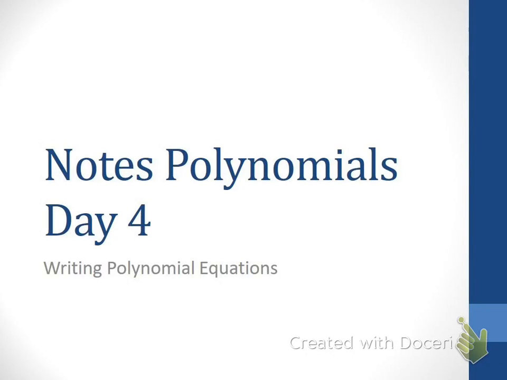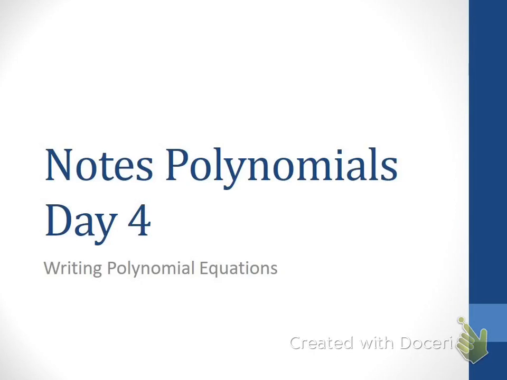All right, so today we're going to talk about kind of going backwards from what we've been doing. So we've been starting with a polynomial and then solving down to solutions or zeros or roots or x-intercepts. Now we want to take those zeros, those roots, those solutions, those x-intercepts, and create the polynomial.